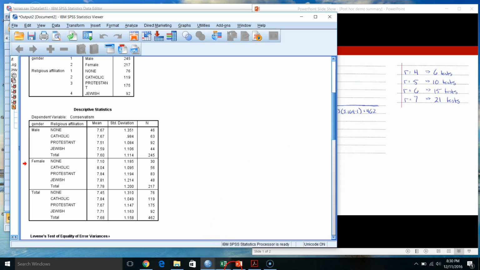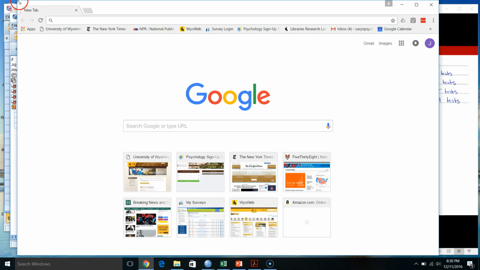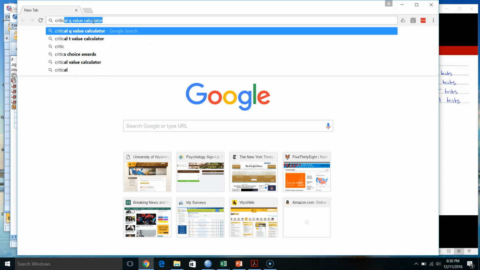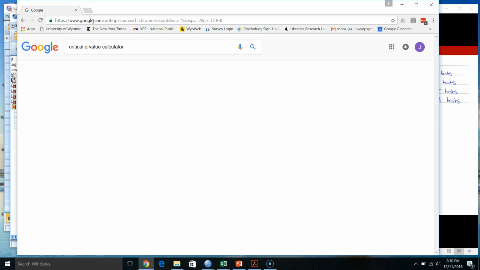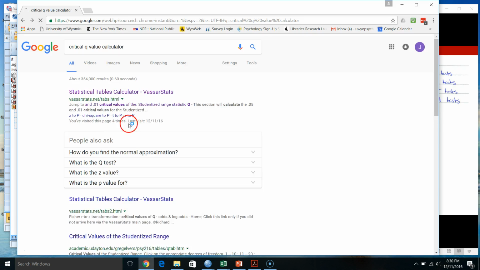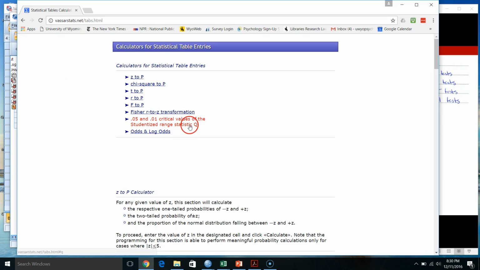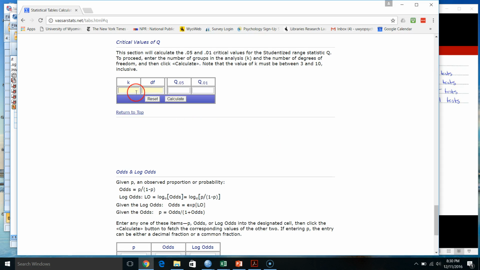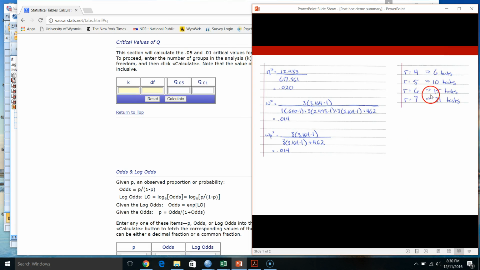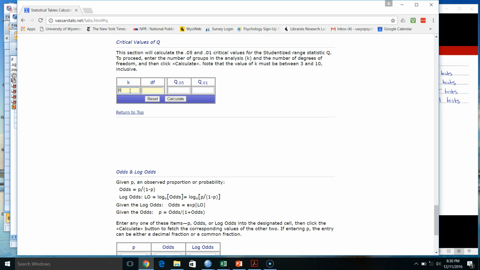Now, this would be difficult to find in a table, but with the power of the internet, I can just find a critical Q value calculator. Okay, pull up this one here. Again, this seems reasonable, right? We want 0.05 and 0.01 critical values for studentized range Q. And so again, we're going to set R equal to 6, because that's going to correct for 15 comparisons.